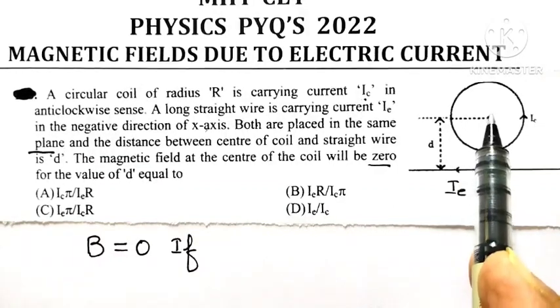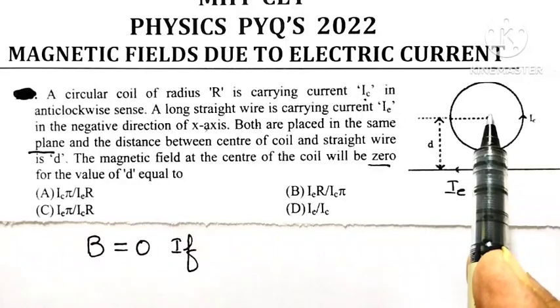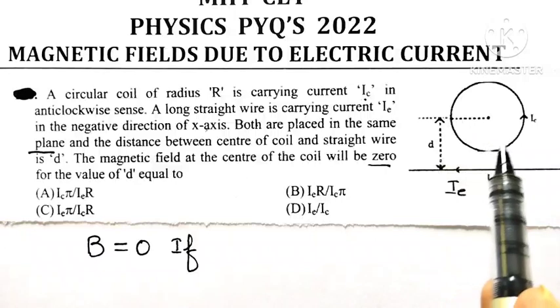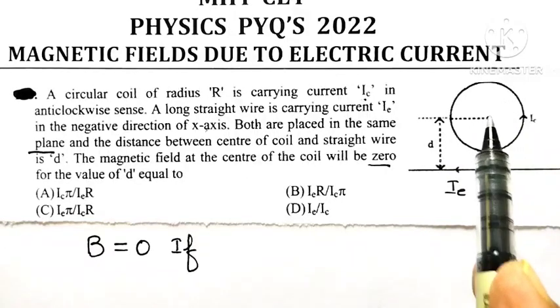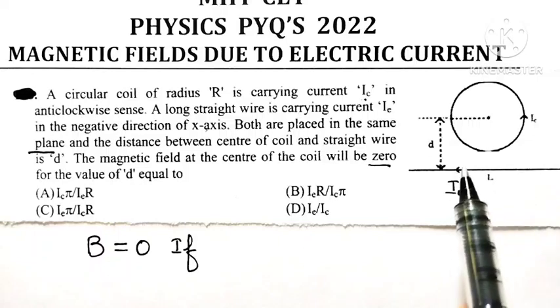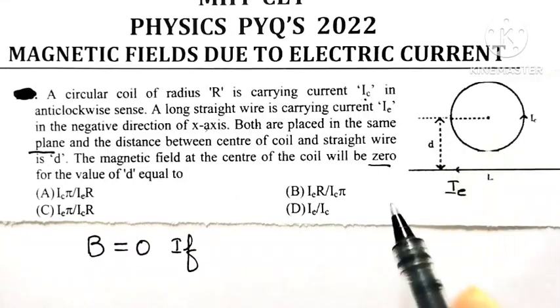So net B at the center of the coil is 0 if the magnetic field due to the circular coil carrying current at its center is equal to the magnetic field due to a straight conductor carrying current at the center of the coil.